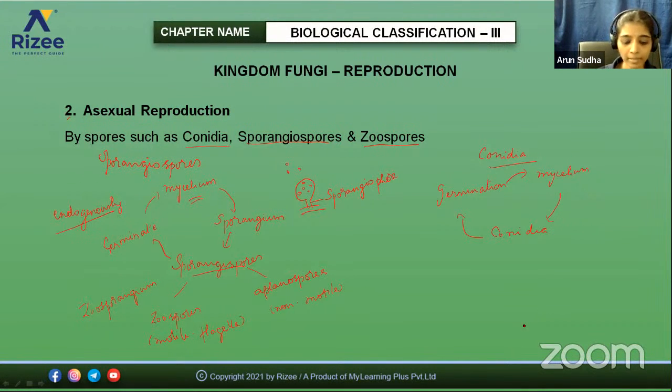But here the thing is, this mycelium forms the structures, that is the gonidiophore. That is called the sporangiophore there. Here it is called the gonidiophore. And these release gonidia. The spores are called gonidia.